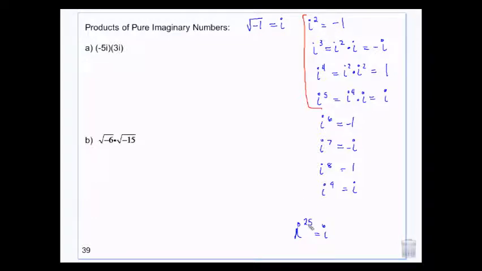Okay, so we were looking for i to the 25th. Let's try a different one. Let's try i to the, give me a number. Any number. 10? Okay, 10. 2, right? i squared, 2, 3, 4, 5, 6, 7, 8, 9, 10. Negative 1.